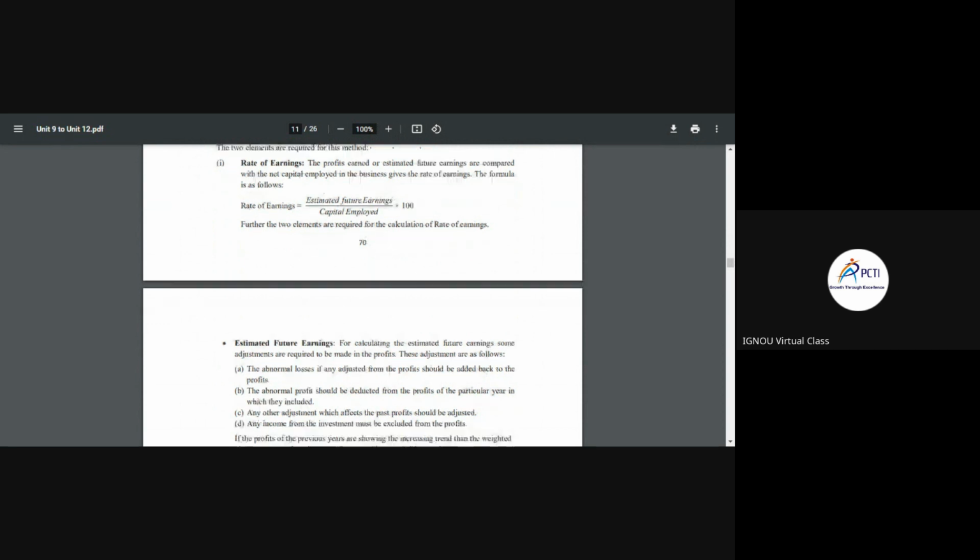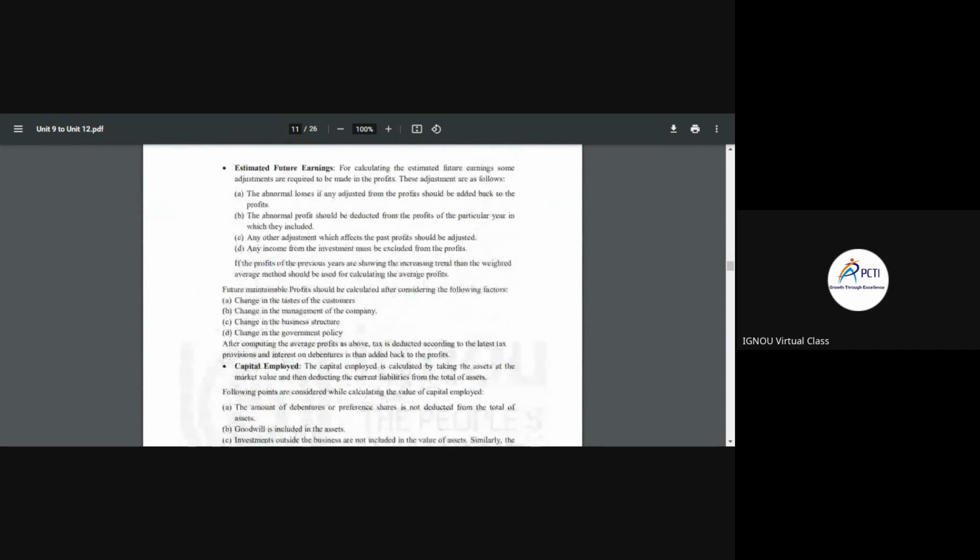Further, there are two elements required for the calculation of rate of funding. First one is estimated future earning. For calculating the estimated future earnings, some adjustments are required to be made in the profit. First, abnormal losses, if any, adjusted from the profit should be added back to the profits. Second, abnormal profit should be deducted from the profit for the particular year in which it is included.